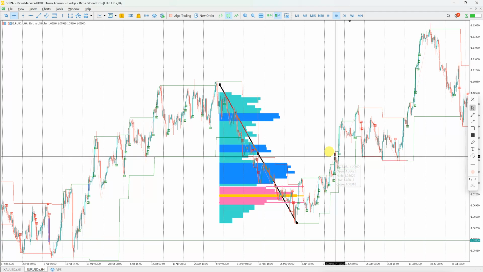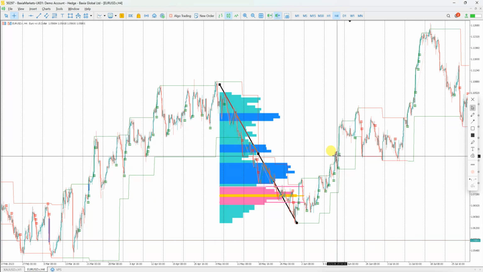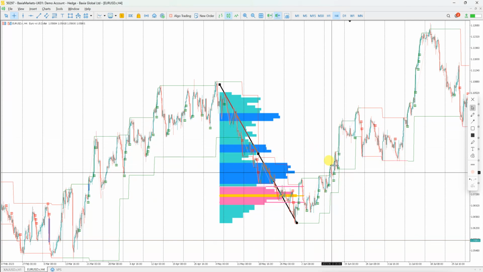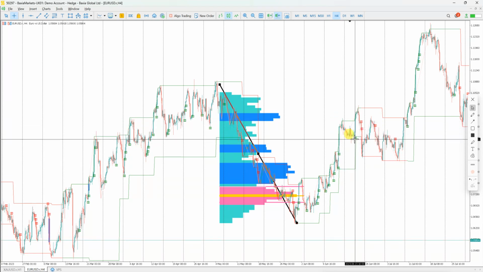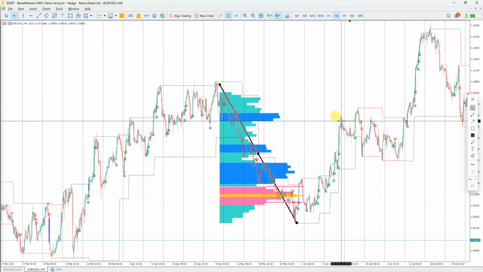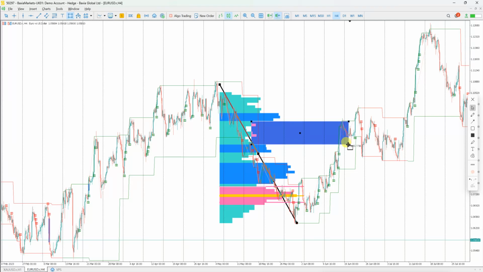Here, notice the price reacts when it goes inside the low volume area. It swept all the liquidity in the low volume area, and it swept here again. After it swept all the low volume nodes, all the low volume profile from here to here, it corrected.